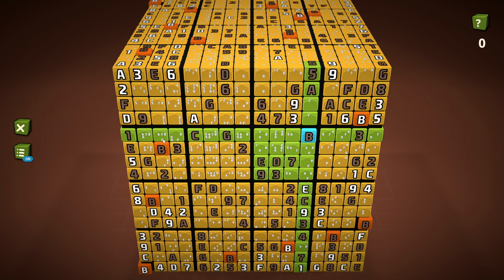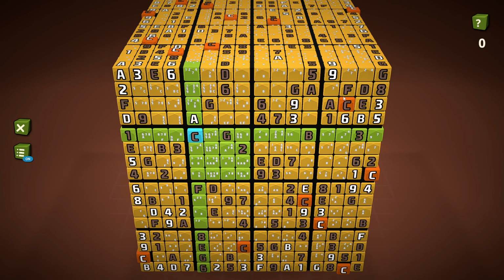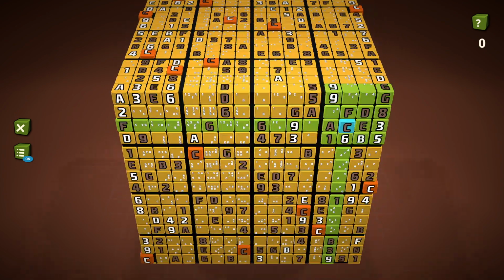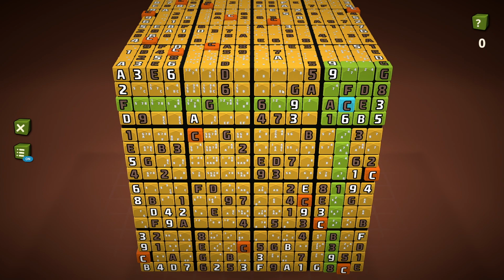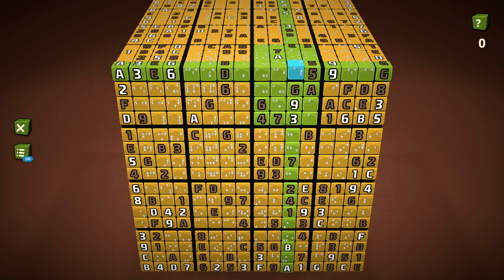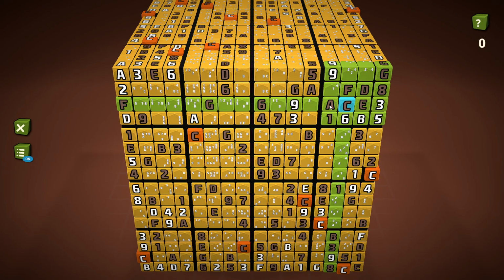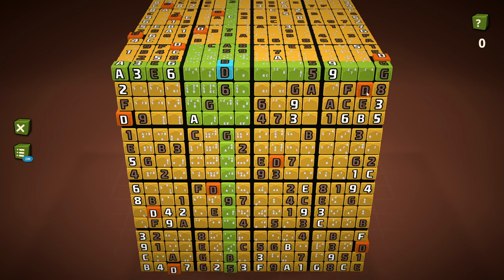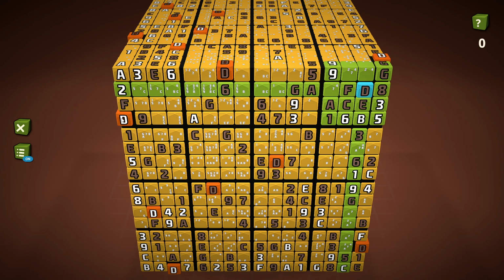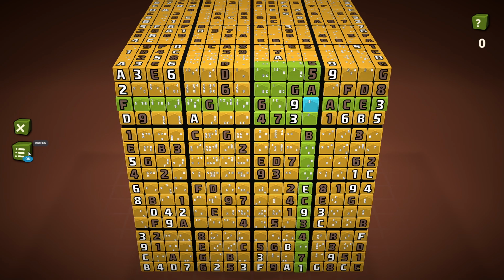Okay, and then C. That's a lot of possible places that could have a C. Oh, that was right. Yeah. Because it can't be down there from default. And then if we look at the D, no. Only one space directly to the right of the 9.